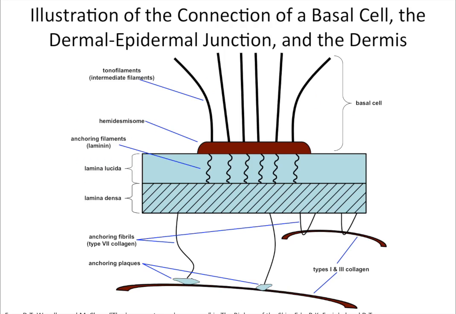So I mentioned, how do we connect the epidermis with the dermal-epidermal junction? And this is a figure that shows how that occurs. Here you can see the lamina lucida, which we mentioned before, the lamina densa. These lines are just shown here so you know that it's like a darker section.